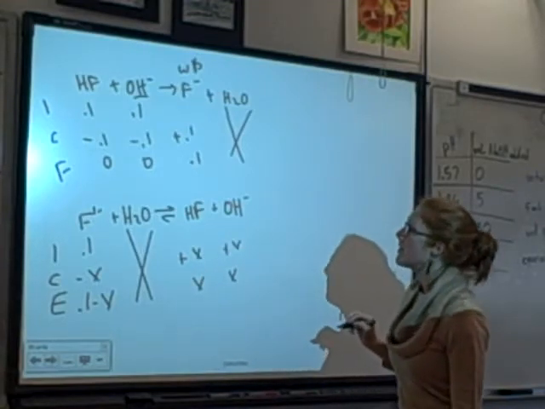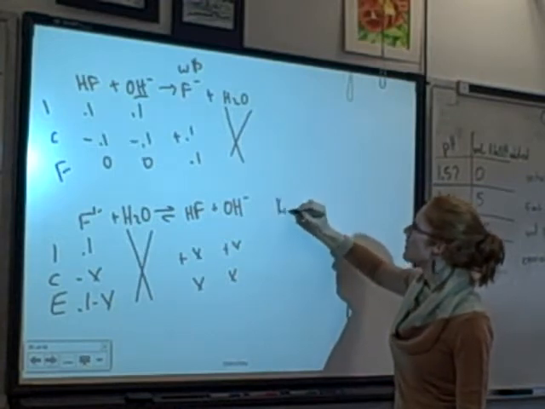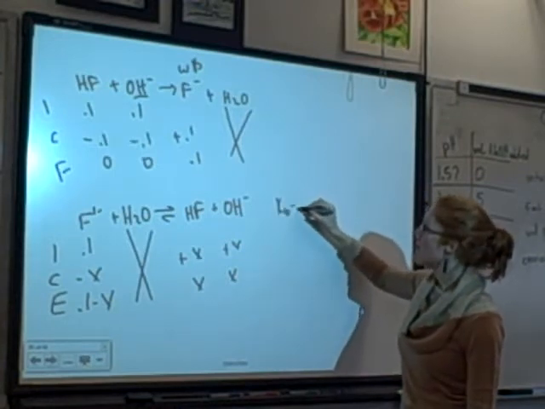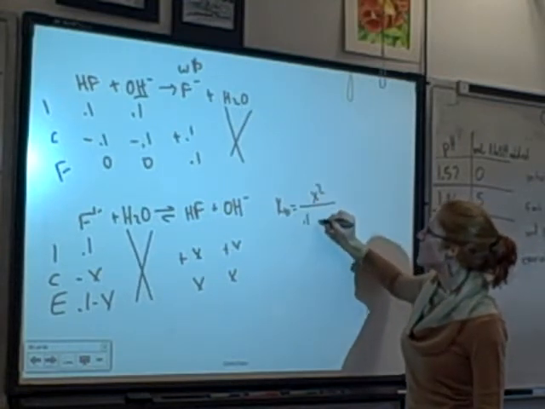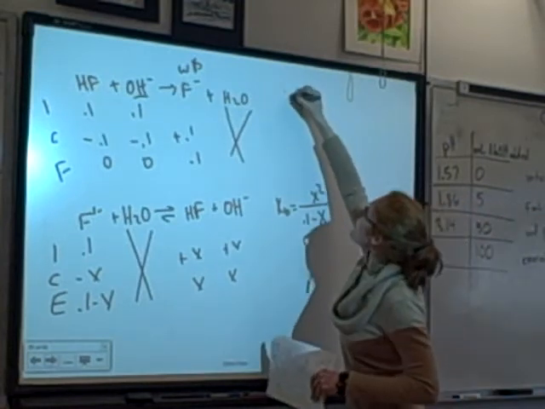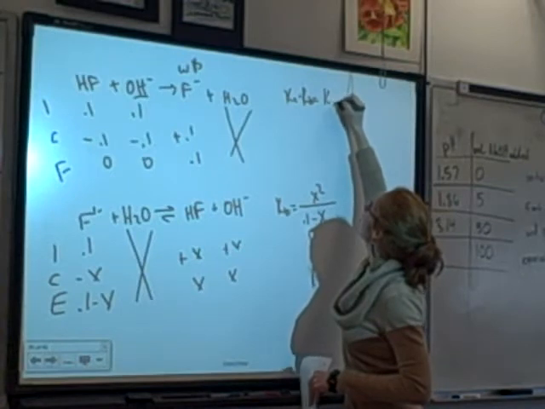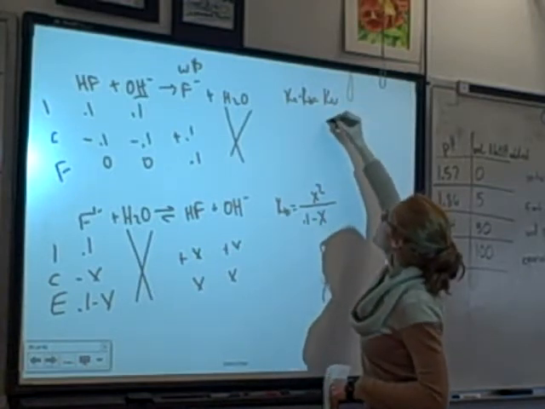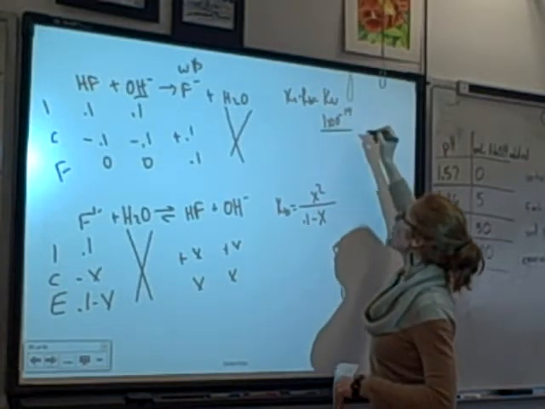From here, I know since this is a weak base, Kb, the equilibrium expression of bases, is equal to x squared over 0.1 minus x. I need to find out what the Kb is. I know Ka times Kb equals Kw. And I know that Kw is 1 times 10 to the negative 14th. It always is. It's a constant. It's on your Gregor sheet.